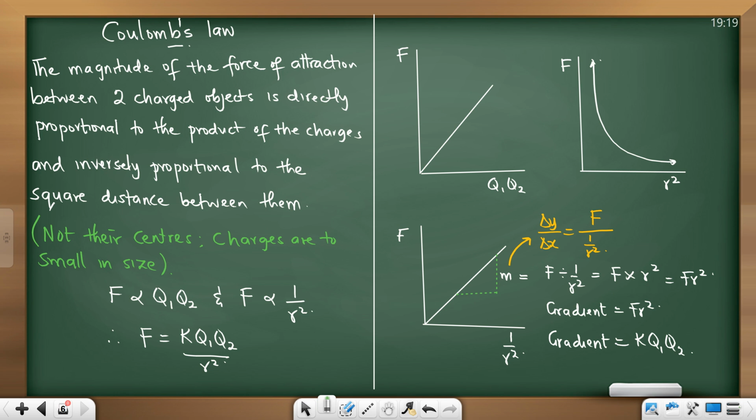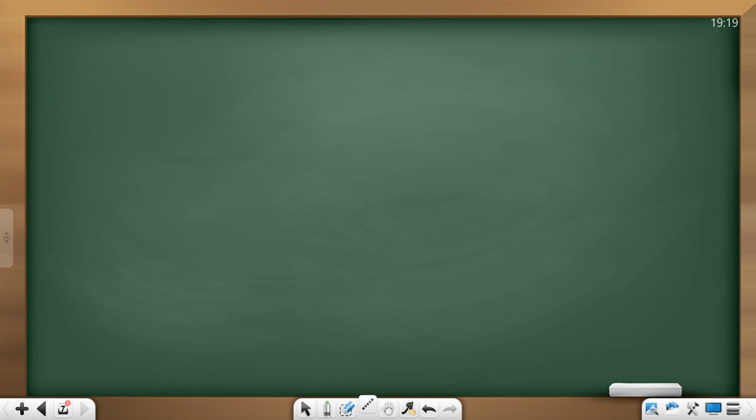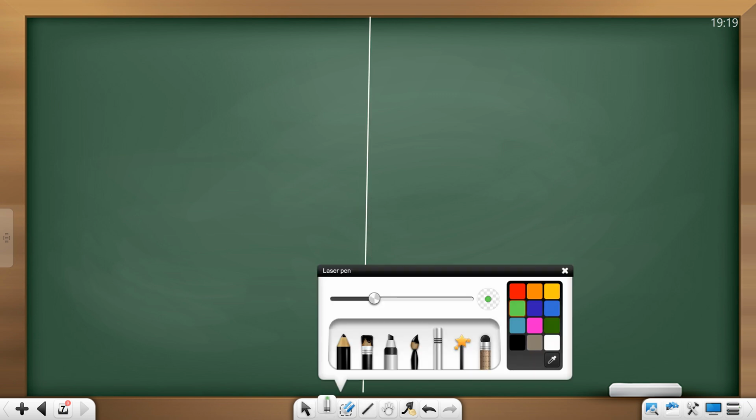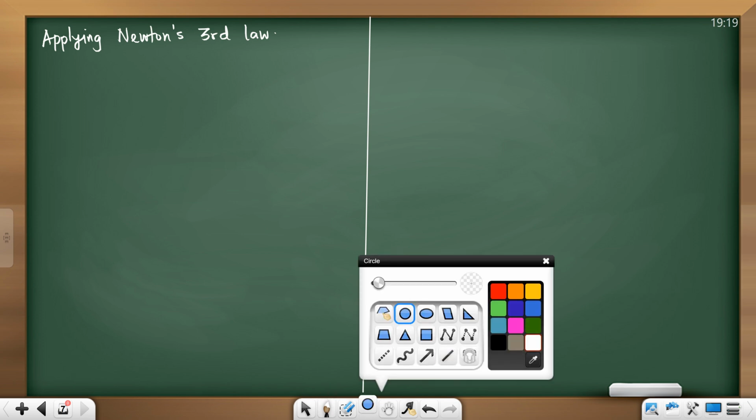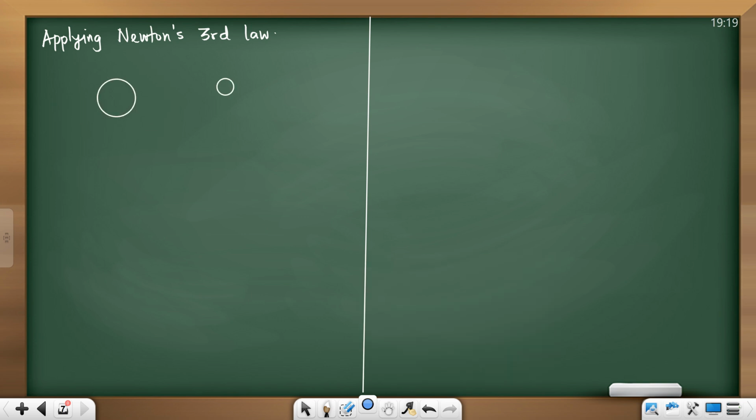Before we look at that, we can apply Newton's third law. If object A exerts a force on object B, then B will simultaneously exert a force on object A, right? Applying Newton's third law, the force of attraction between object A and object B would actually be the same.